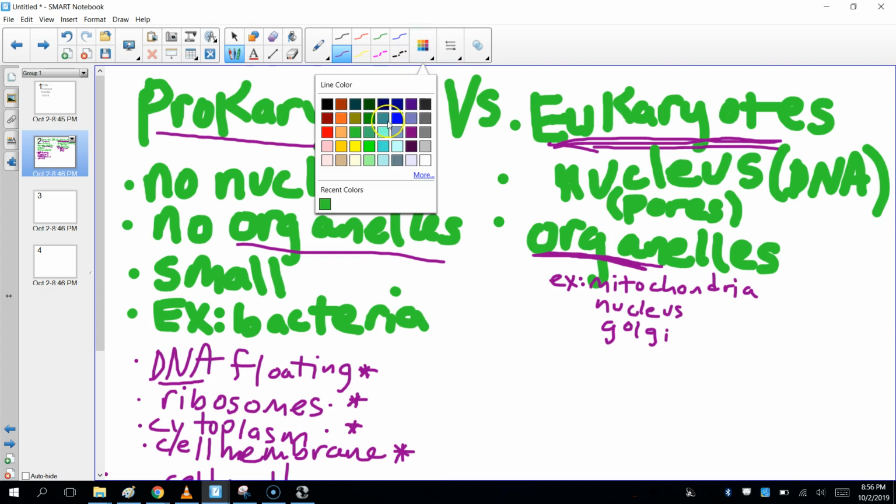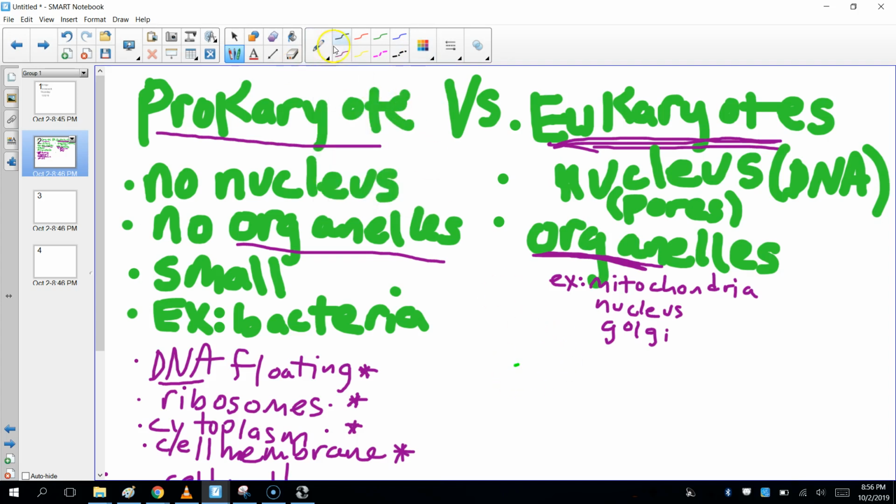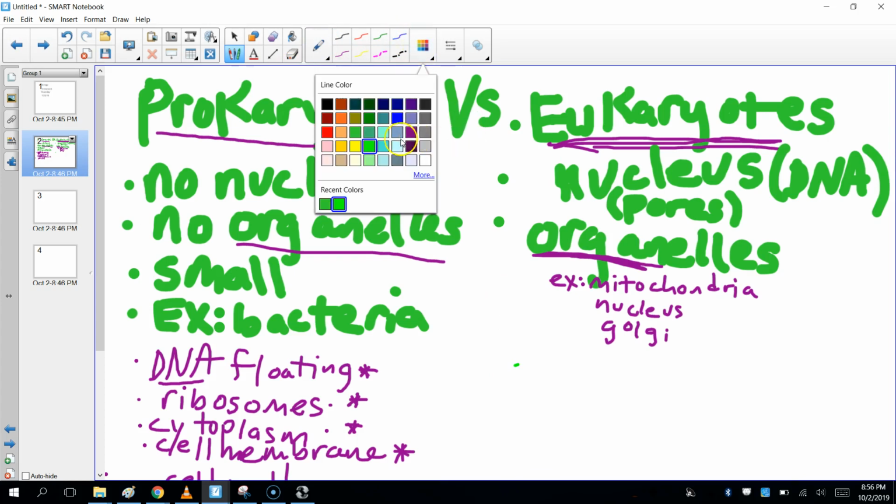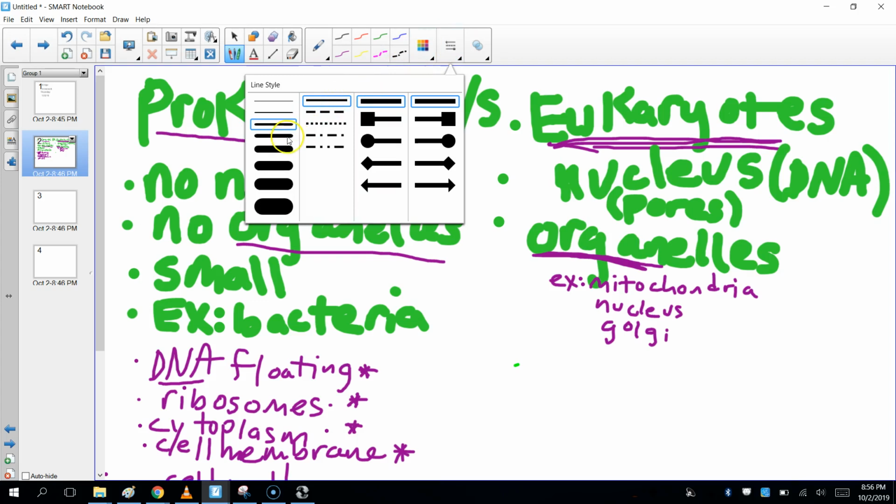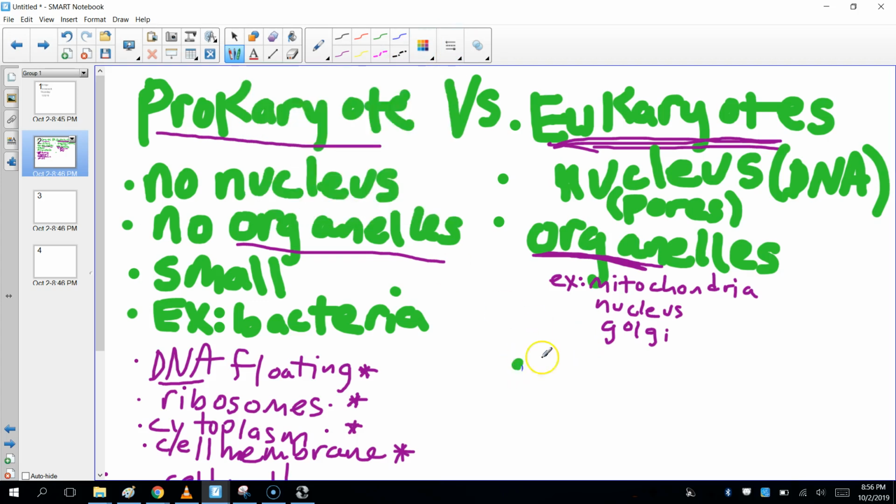The eukaryotes tend to be larger. Make this bigger. So the eukaryotes tend to be larger than the prokaryotes. Eukaryotes can be single-celled or multicellular.